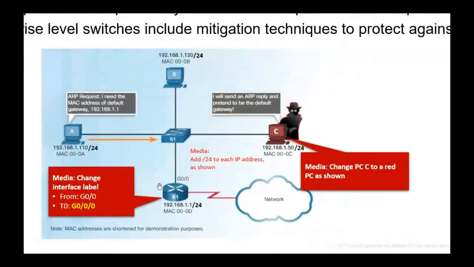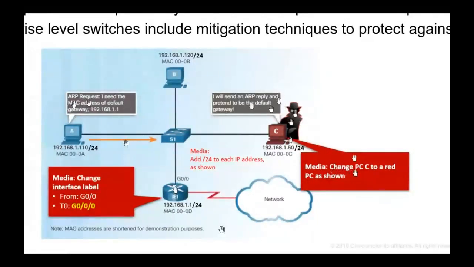All right, let's have a look at this picture. I am PCA, and I need to talk to the router. Let's say ARP request: I need the MAC address of the default router, so the default gateway, which is over here. So I send an ARP request. Well, this baddie guy, you can tell he's shady, sketchy, will send an ARP reply and pretend to be the default gateway.